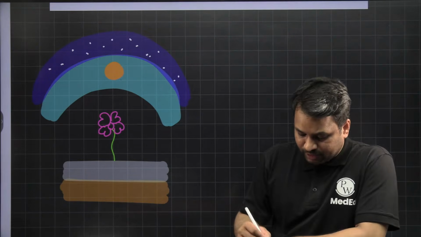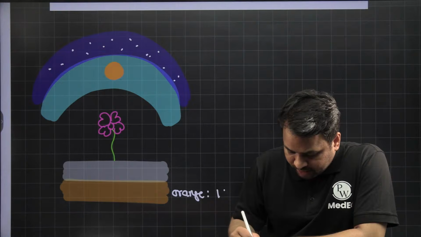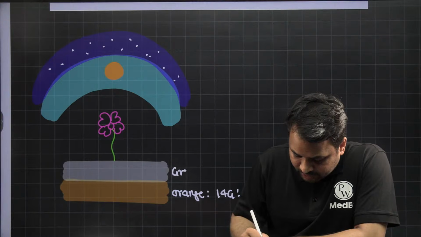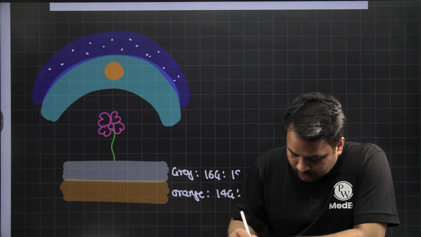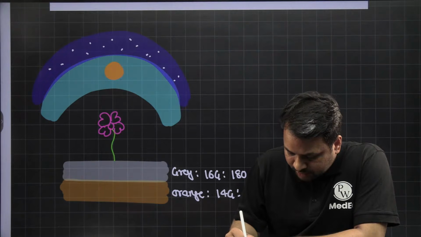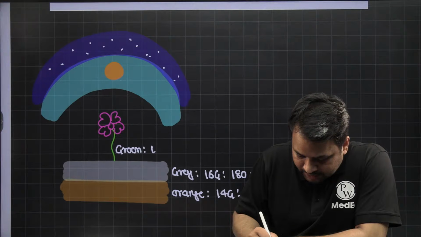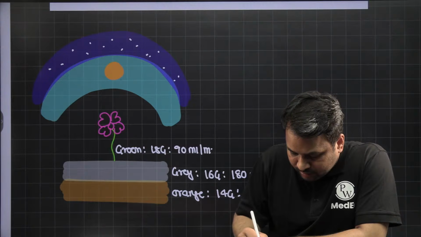So the first one that you have is orange, which is 14 gauge at 240 ml per minute. Then you have the gray colored cannula, which is 16 gauge at 180 ml per minute. Then the green colored cannula, which is 18 gauge at 90 ml per minute.